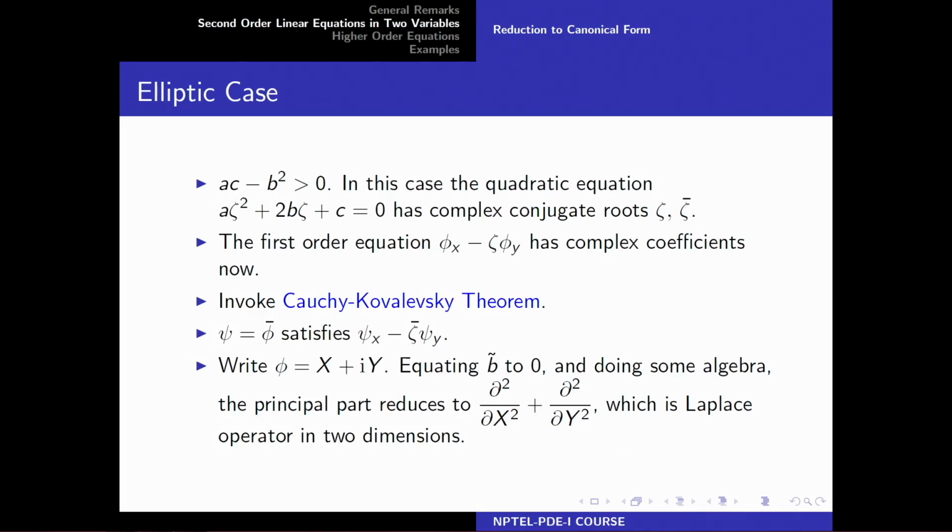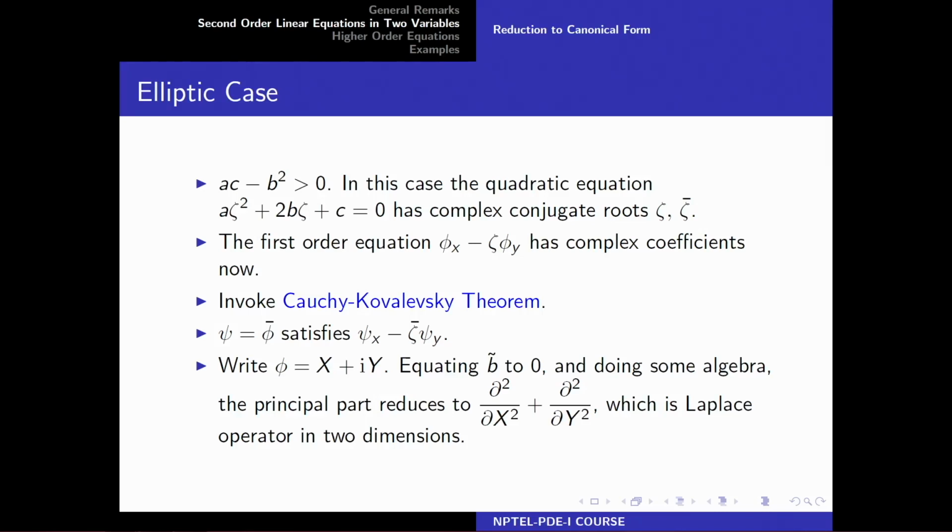These are our typical hyperbolic, parabolic and Laplace equations. Namely, del square u by del t square minus del square u by del x square equal to 0, that is hyperbolic. AC minus B square is less than 0 there.